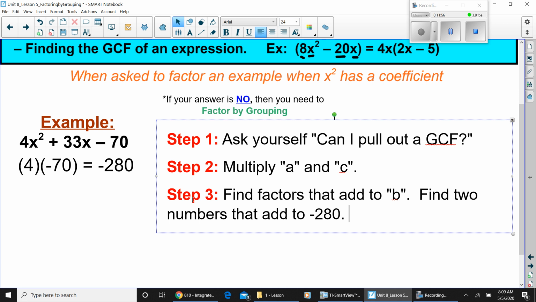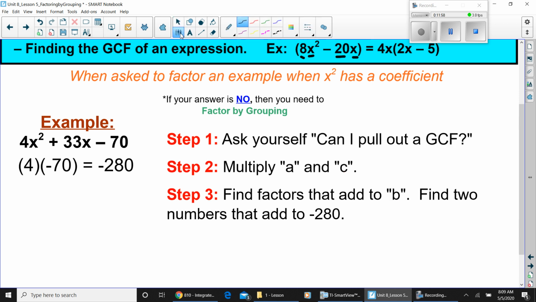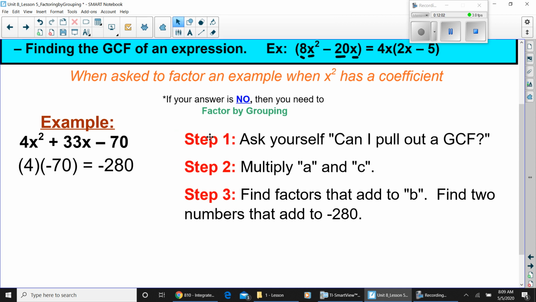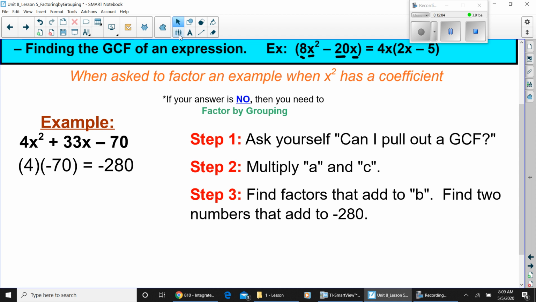But the first 2 factors that I could think of, and I'm going to write them down here. I'm going to just move this over. The first 2 numbers I'm thinking of are negative 10 and 28. All right, negative 10, but remember it has to be a positive 33, right?